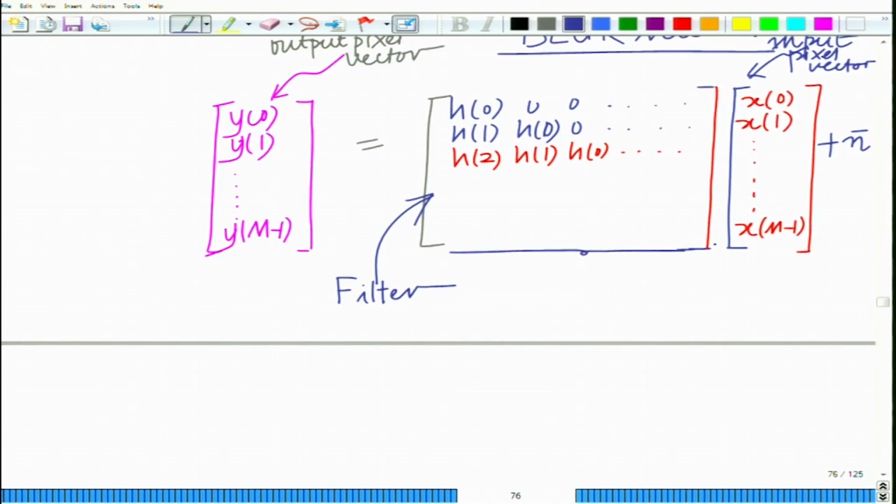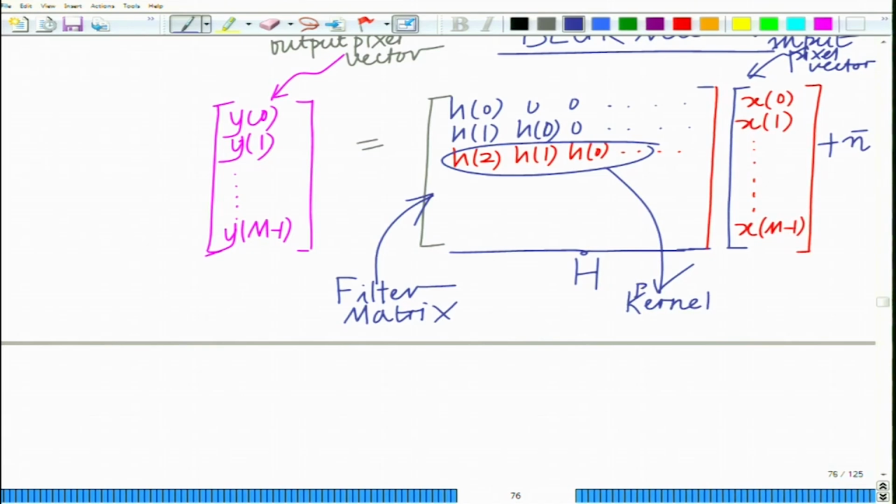I can call this matrix H. This is your filter matrix or your blur matrix, and this filter which you are repeating along the rows is also called the kernel, or your blur kernel.